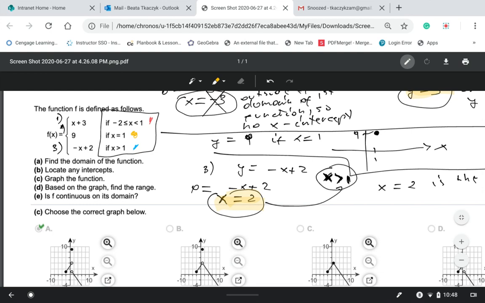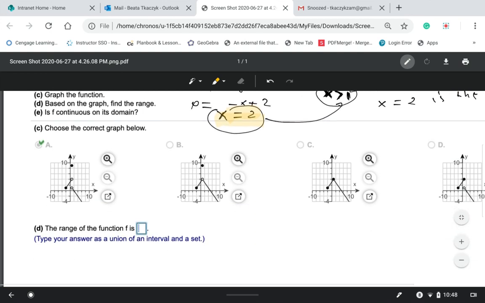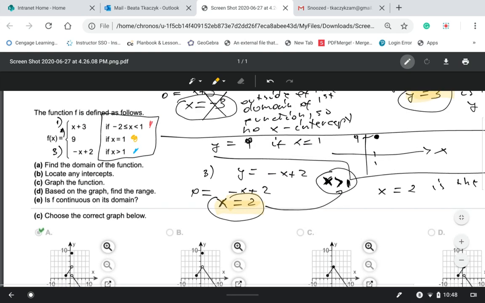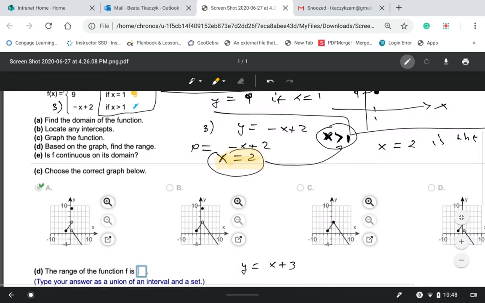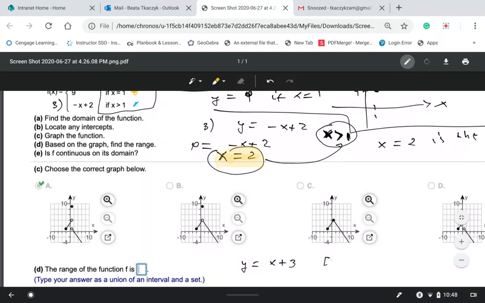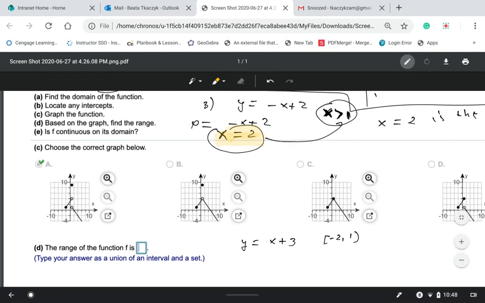You have y equal x plus 3, and this graph works only for x from -2 to 1. To graph a function like this, you already know that the slope is equal to 1 and the y-intercept is 3, so you have the point (0, 3).